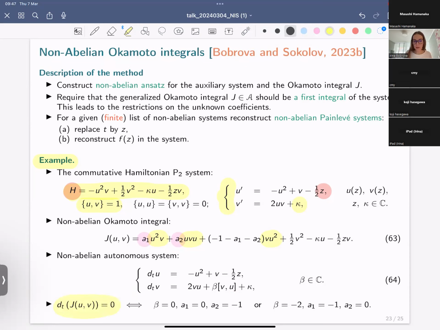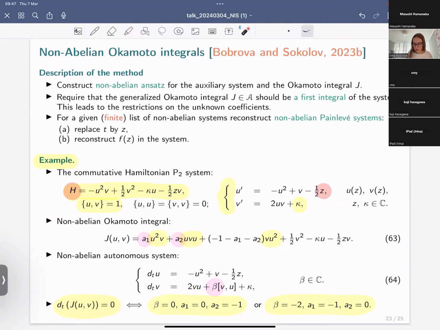This condition leads to a linear system for these unknown coefficients a1, a2, and beta. In fact, the system has a solution, and in this case, we have two solutions. The first one when beta is equal to 0, and the second one when beta is equal to -2.